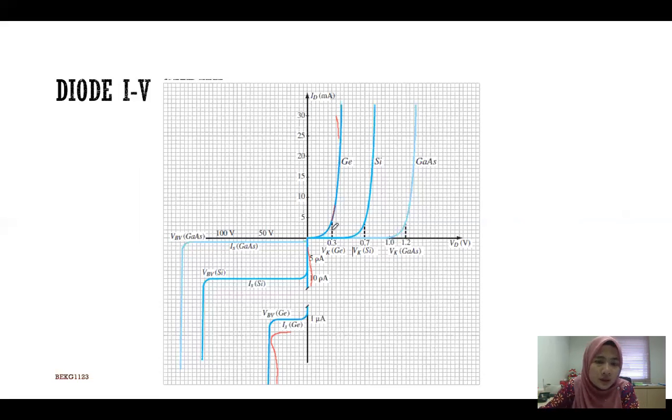Why? Because you can see that the knee voltage is 0.3. This one is the VI characteristic of silicon, so the knee voltage is 0.7. And lastly, this is gallium arsenide. The knee voltage is 1.2. So this is the VI characteristic for gallium arsenide.